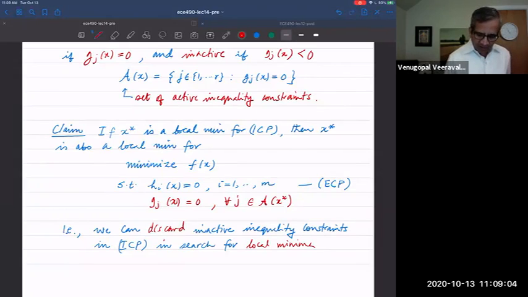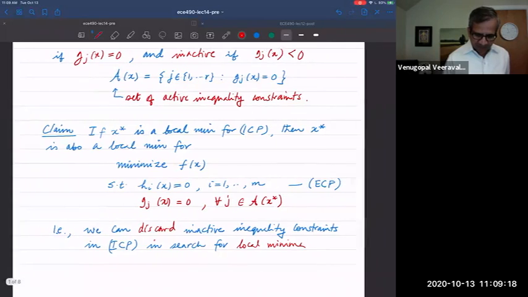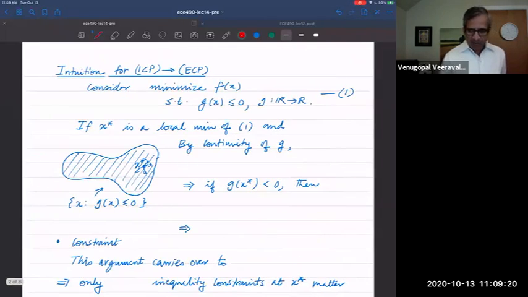So let me give an intuition for why this is true first, and then we'll go over the proof, which is a little bit detailed. There's a lot of steps to the proof, but we'll give some intuition for why this might be the case first. So what happens with these inequality constraints that are not active?